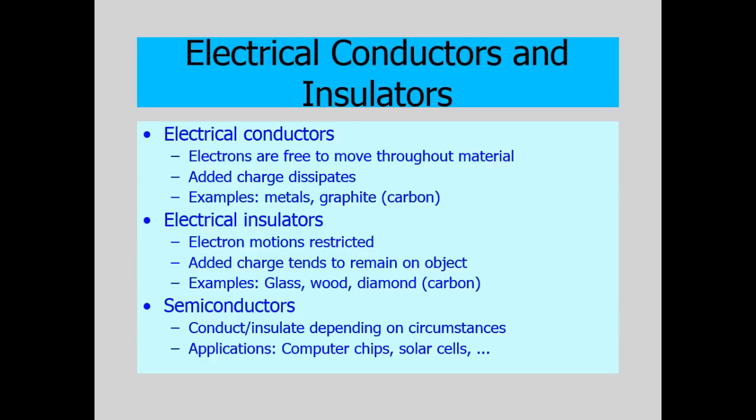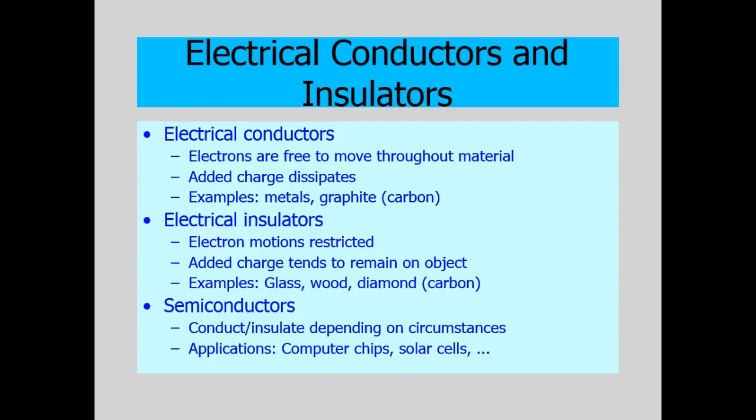So the electrons are free to move throughout the material. They're a good conductor. It has electrons that don't have to hang on to this atom. It doesn't want to move anywhere. This is usually metals. And the metals have these clouds of electrons that are free to move from one atom to another with almost no interruption. They don't belong to this atom or that one. They're just free. They're a cloud.